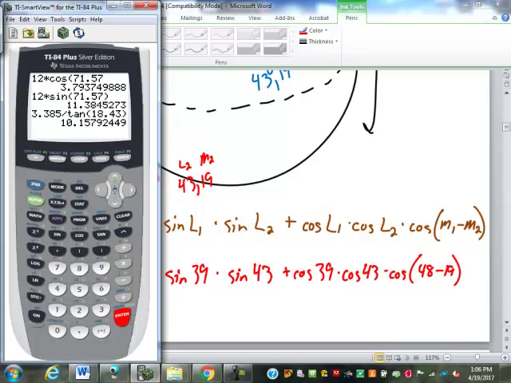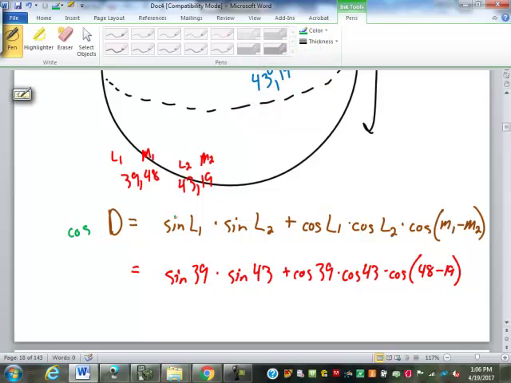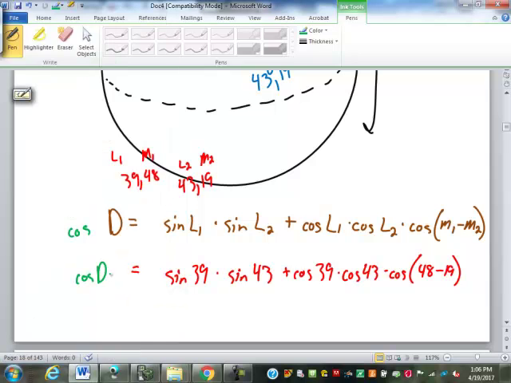Oh, and I forgot to put in here that this is the cosine over here, so we have to do an inverse cosine when we're done. So anyway, that gives us a decimal. We do an inverse cosine of that then to get our angle for our distance.